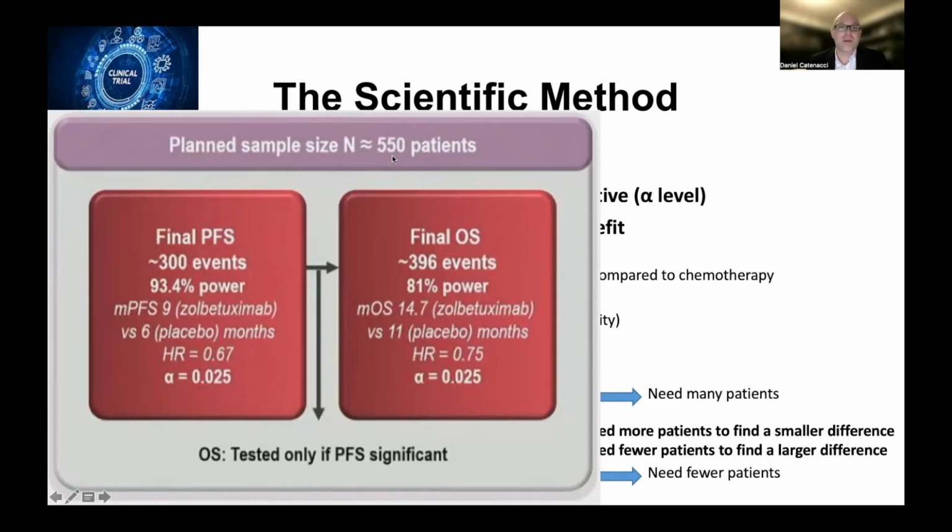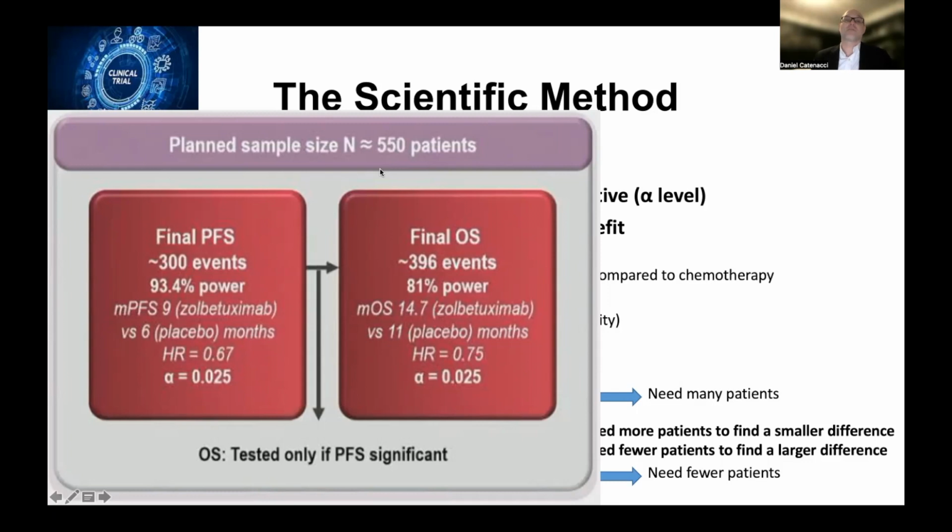So how did we come up with this number calculation? The number needed of 550 patients was derived by starting with the control arm estimated median survival, the anticipated target median survival in the investigational arm, and the target hazard ratio, and from that, stipulating what the alpha and the beta, the power, are going to be with these base parameters.